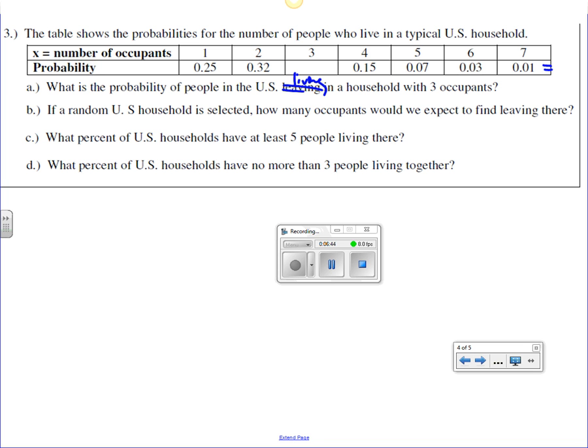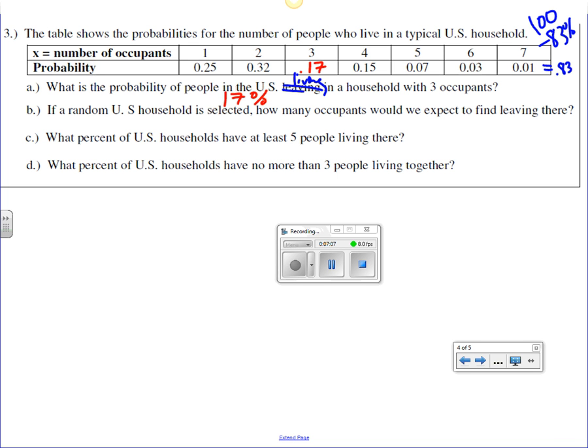I don't want the answer. What do you get when you add them up? Okay, so you get 0.83, and that's the same thing as what percent? 83%, and then you have to subtract it from 100. So 100 minus 83 gives you 17. So 17%, or here, let's make it 0.17 in the table.